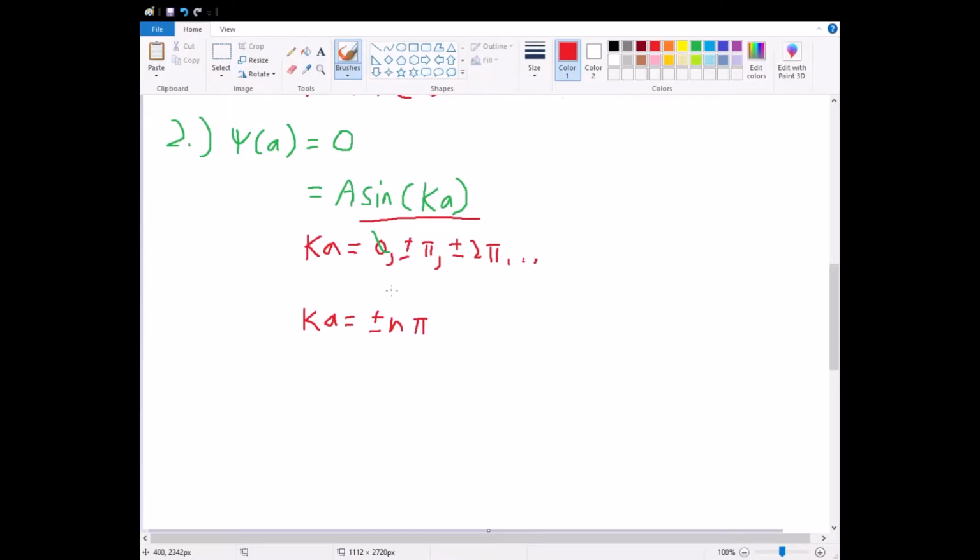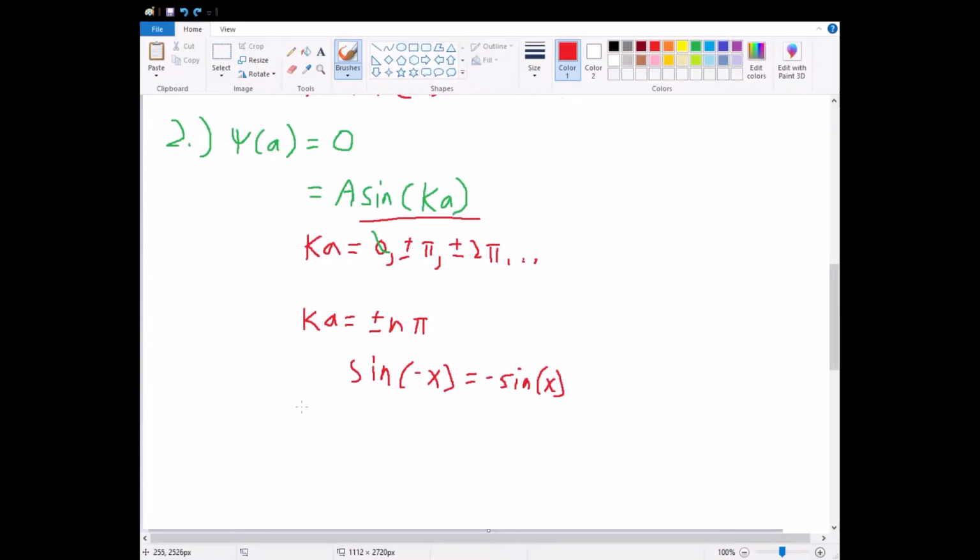Now, finally, the other thing that we have to recognize is that the negative solutions also aren't particularly interesting, because for sine, we know that sine of negative x just equals negative sine of x. And since we have this arbitrary constant that's in front, this negative can just automatically get absorbed into our constant. So because of that, these aren't necessarily that interesting either.